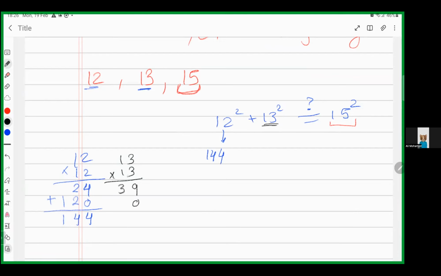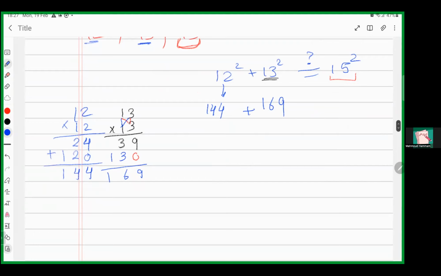Magic 0. 1 times 3 is 3. 1 times 1, 1. Add. 9 plus 0, 9. 3 plus 3 is 6. So 169. And I must also check if it is equal to 15 power 2 or not.